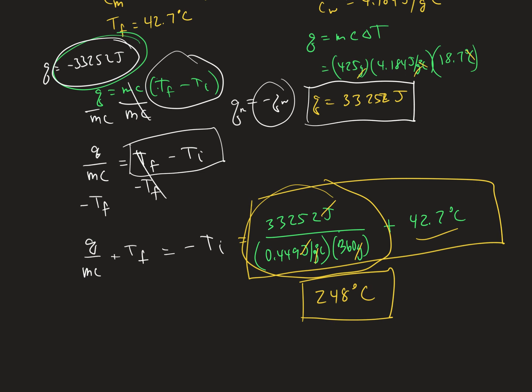We good or no? Yeah, I understand now. I was just confused because you didn't put the negative there. I didn't plug it in until this last step. But once I did, this was a negative right here, and the negatives just go away. Right. Good? Thanks for asking. Always ask.